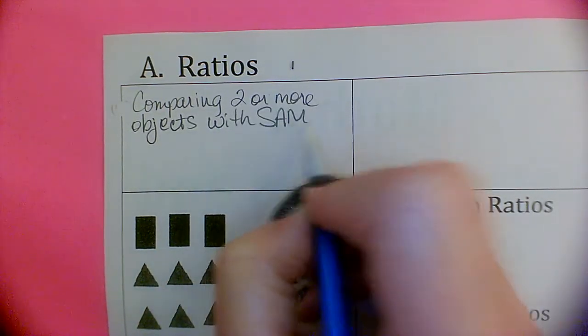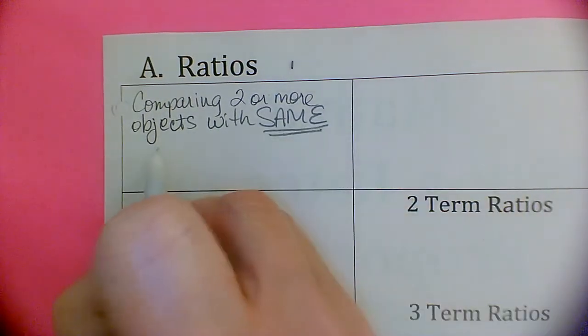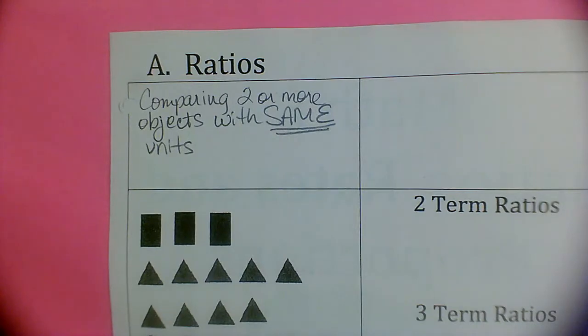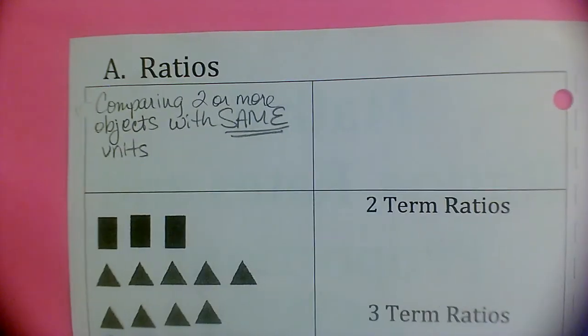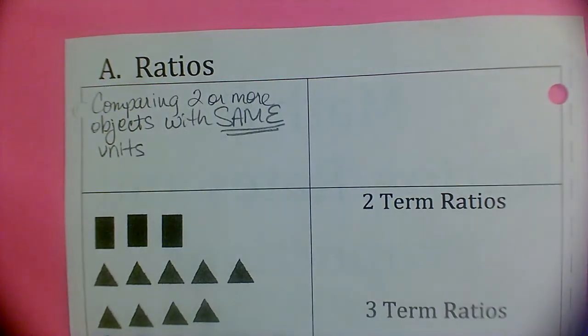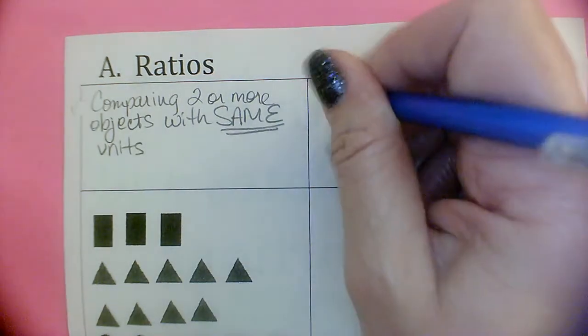The reason I'm underlining "same" is that we don't have any units on our answers. They are just going to have no units. When we get to the next section, which is rates, that's comparing objects with different units. But we're going to compare, and we have our forms.